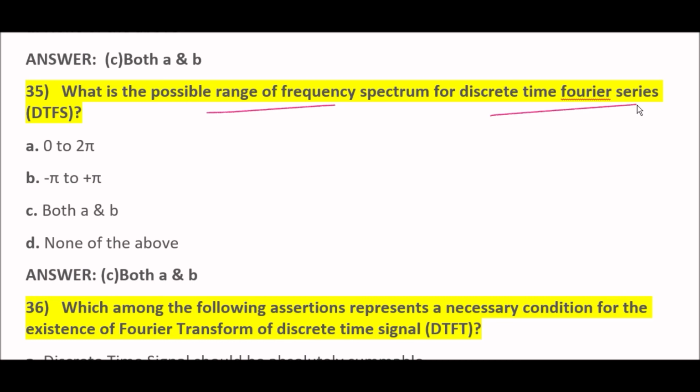Discrete time Fourier series, you may be asked in the exam as DTFS, and the full form may or may not be given. Options A, B, C, D are given here and the correct answer is first one 0 to 2 pi and second one also minus pi to plus pi, and overall the correct answer here is option C, both A and B. So first one 0 to 2 pi and second one minus pi to plus pi, they both are possible ranges of frequency spectrum for discrete time Fourier series, DTFS.